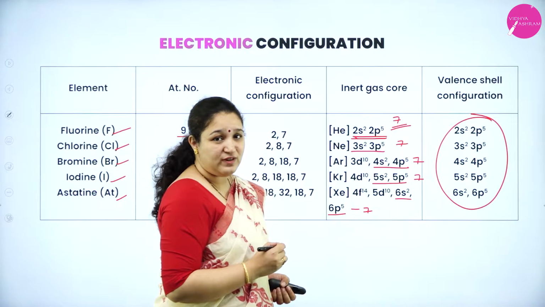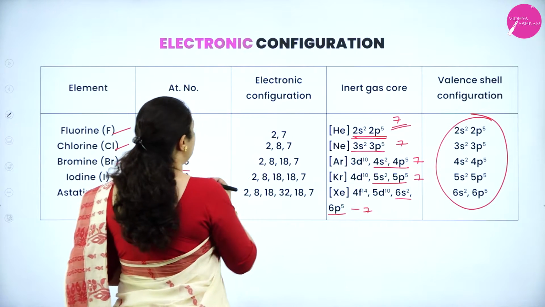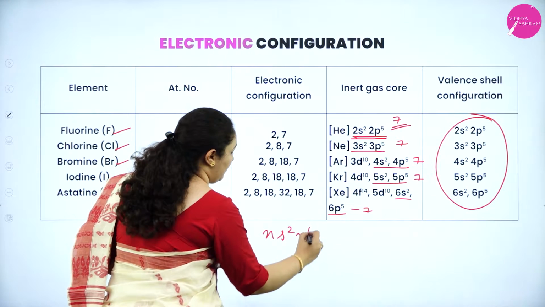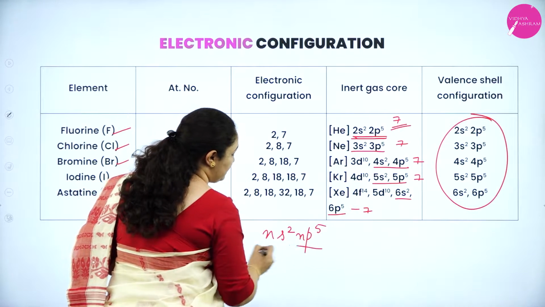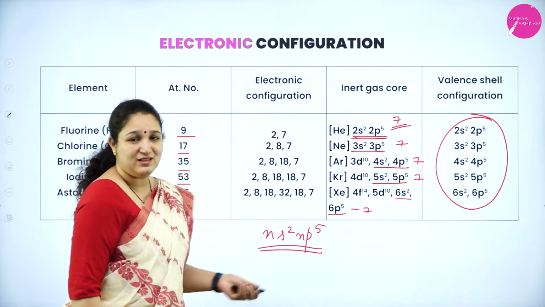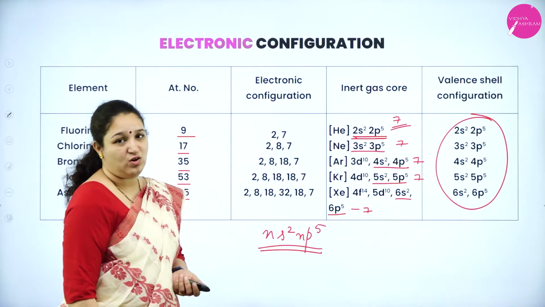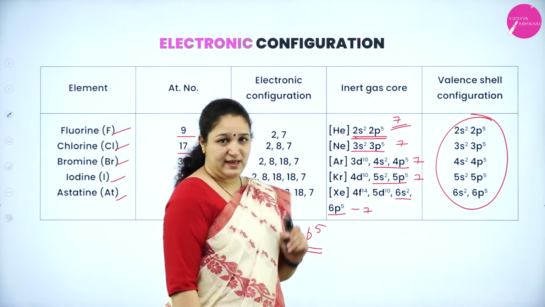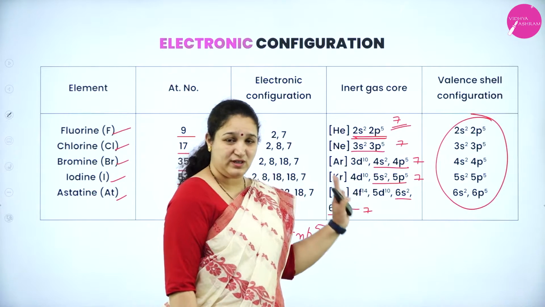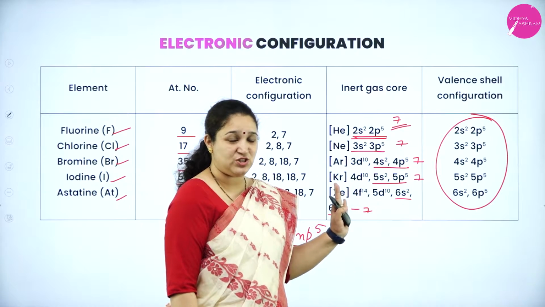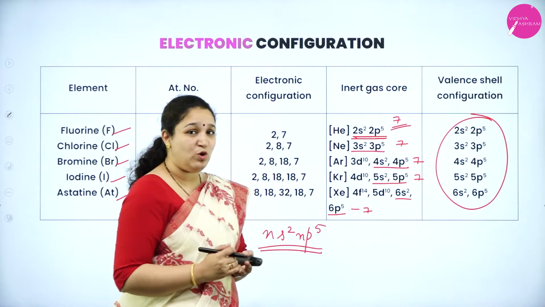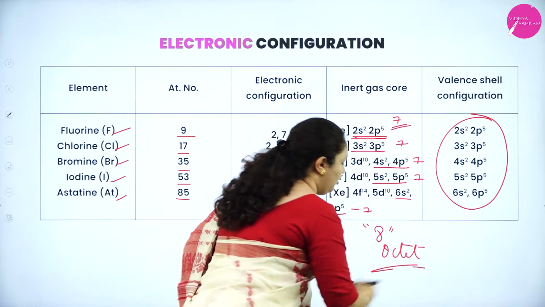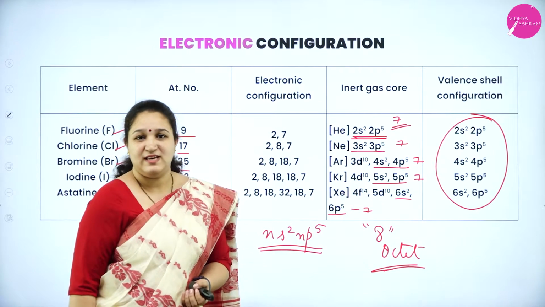So the general configuration, how can I write? General electronic configuration I can write as ns2 np5, that is for the valence shell. Now if you observe, if it takes up one more electron, it has got 7 electrons in the valence shell, so they will reach octet configuration, isn't it?